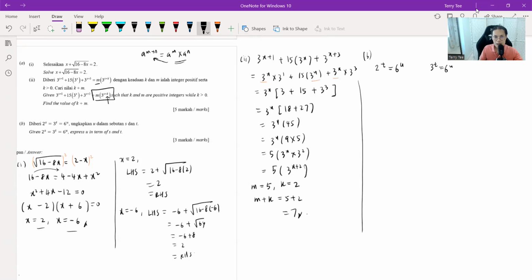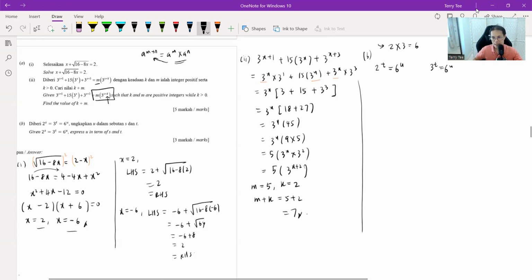Now, why do I do that? Because we know 2 times 3 is going to give us 6. So if I can express 2 in terms of base 6, like I know 2 is 6 power something, or 3 is 6 power something, then I can relate or link them up by using this equation. So now also remember, if I say x power 2 equals to y, when you bring over, this is y power 1 over 2.